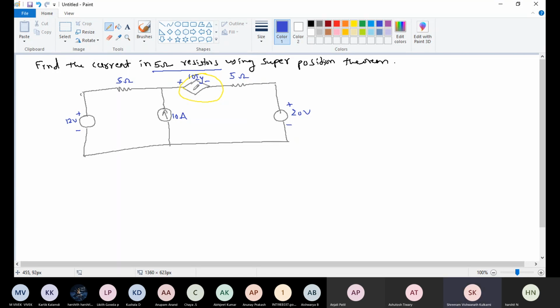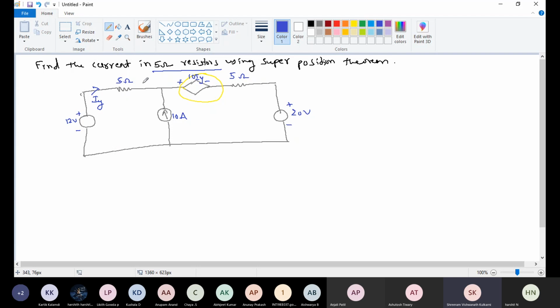Dependent sources are drawn as a diamond shape with polarity indicated, depending on Iy. In the question itself they have given that this source produces some voltage depending upon this current Iy.